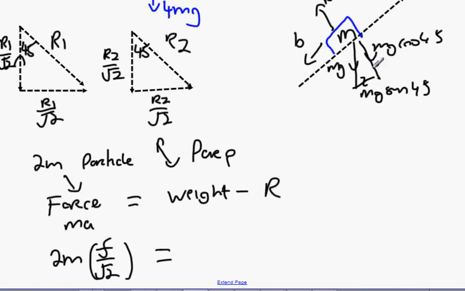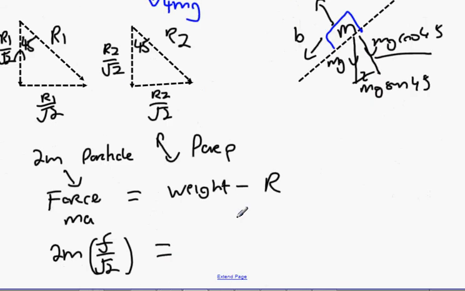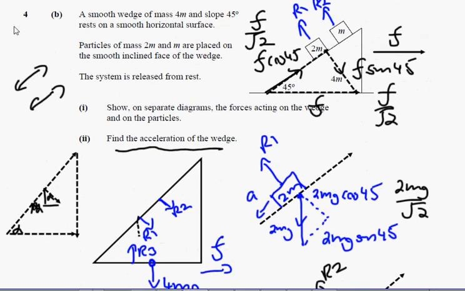And we know its weight is 2mg cos 45. And what is 2mg cos 45? It's going to be 2mg all over root 2, which is the same thing as root 2 mg. And is it R1 or R2? It's going to be R1.